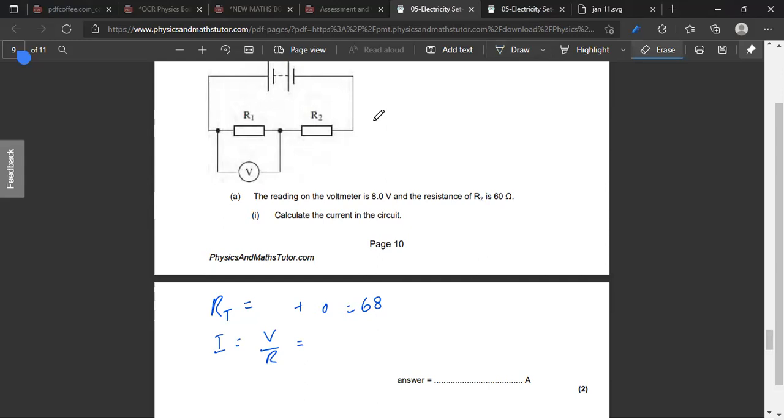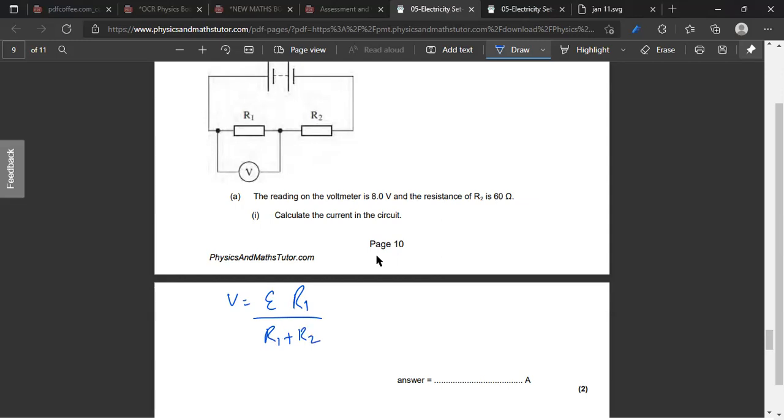Okay, sorry about that. So the reading on the voltmeter is this much. We're just going to use this to calculate R1. V equals epsilon R1 divided by R1 plus R2.